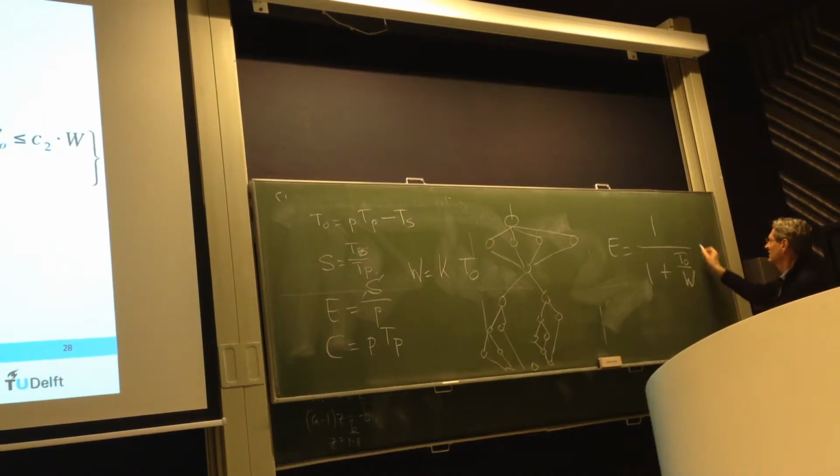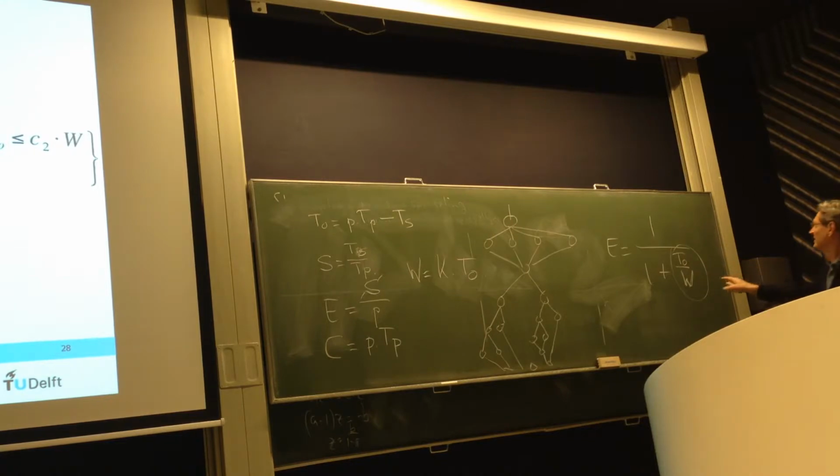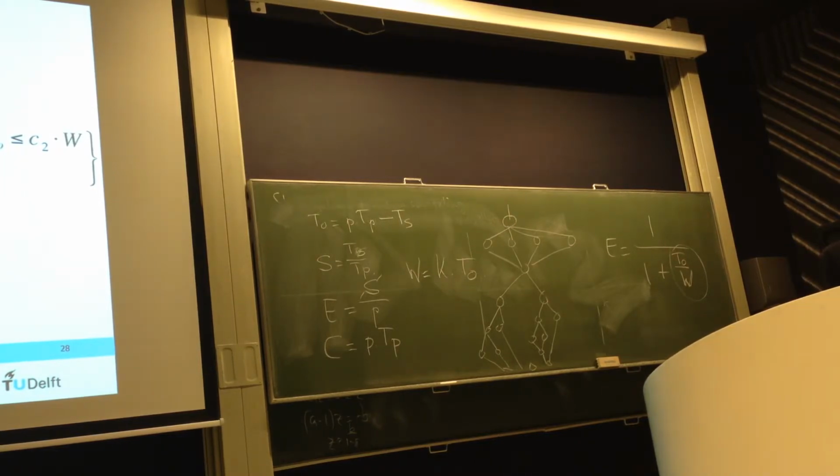Now we originally said that if this one is constant, then the efficiency is order 1, it's constant. But if we take this expression that the workload is lower bounded by the overhead function, we have the same result, and we only say that it's equal or better than that.